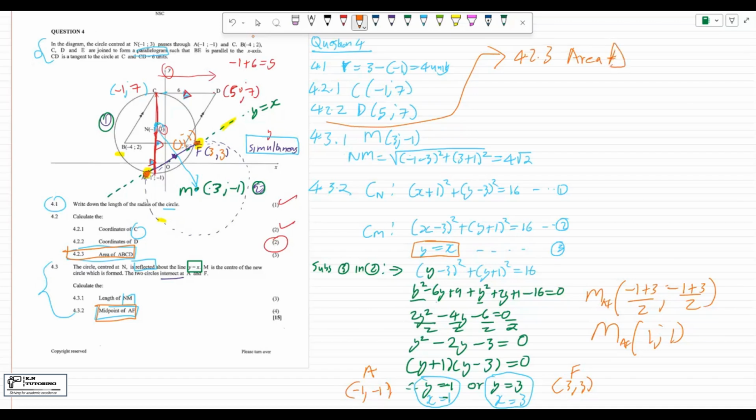Area of triangle BCD. Now let's go and highlight BCD. Okay, so they are forcing us to say there's a line that is going there. So they want the equation there.